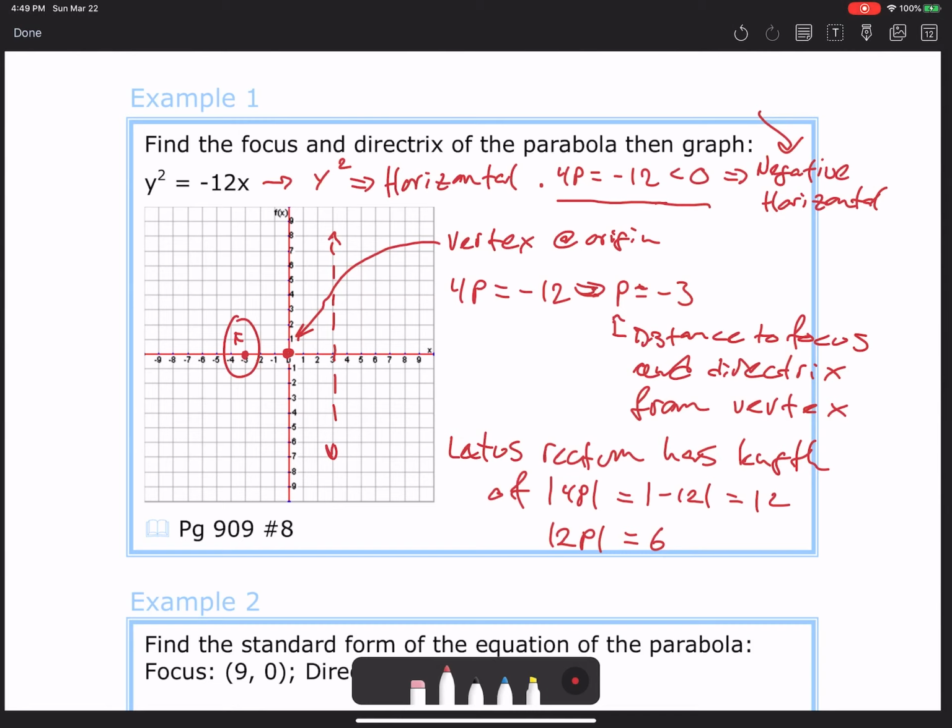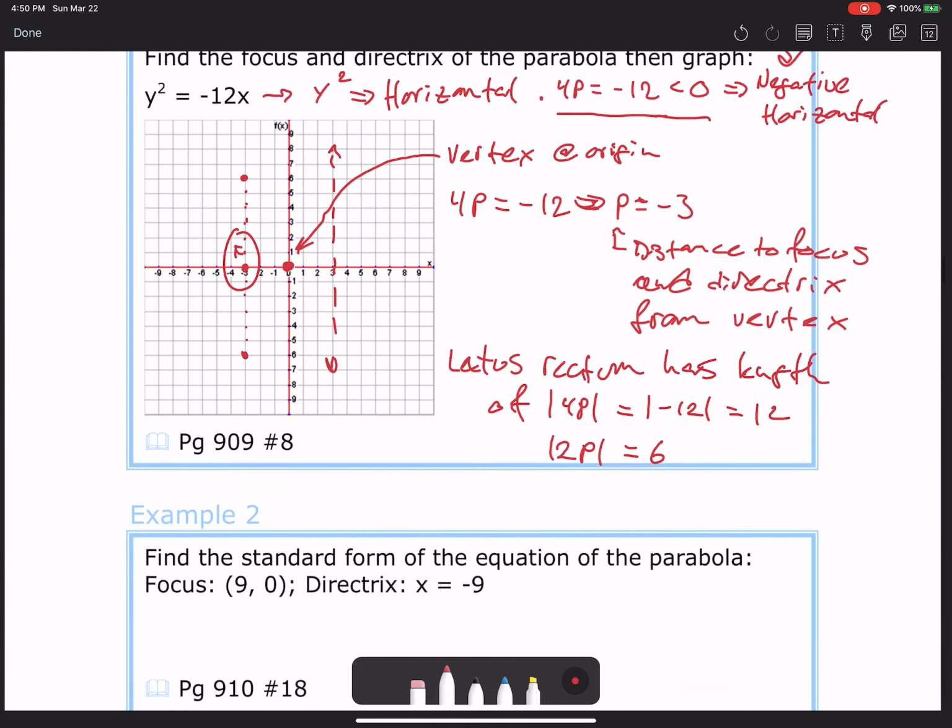So I'm starting at my focus, and I'm going up 1, 2, 3, 4, 5, 6. And back to the focus, down 1, 2, 3, 4, 5, 6. Those are the endpoints of the latus rectum, so now I can draw my parabola more accurately. Or at least I'll try.